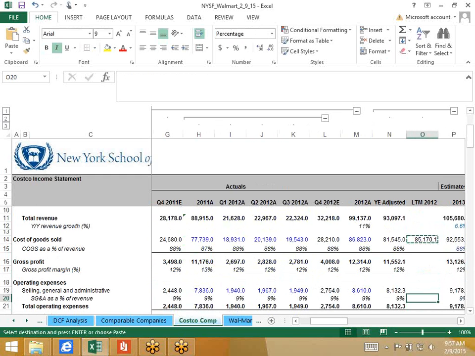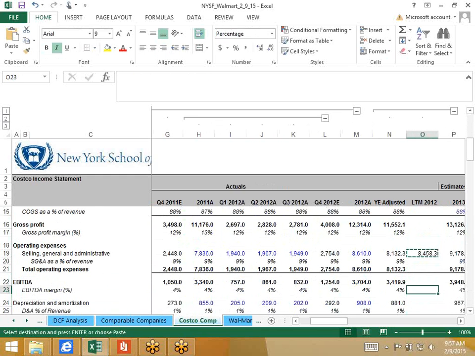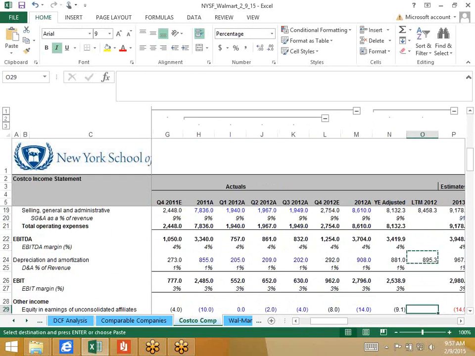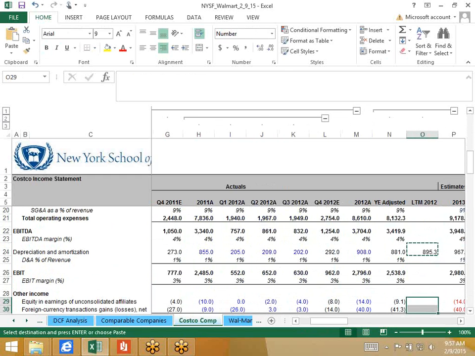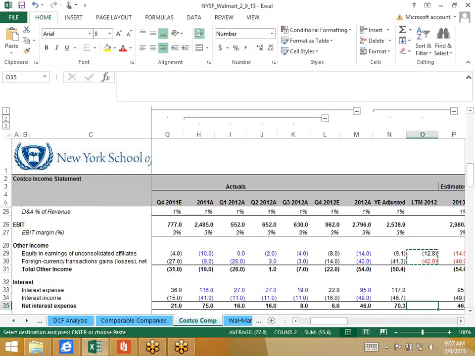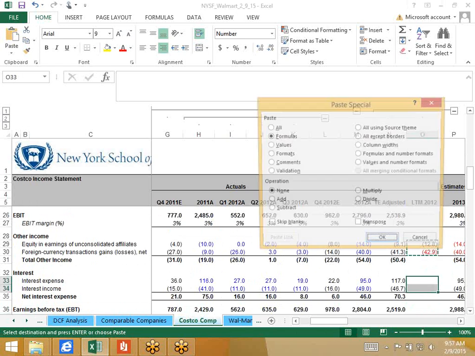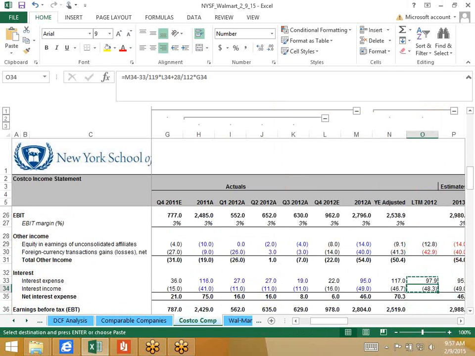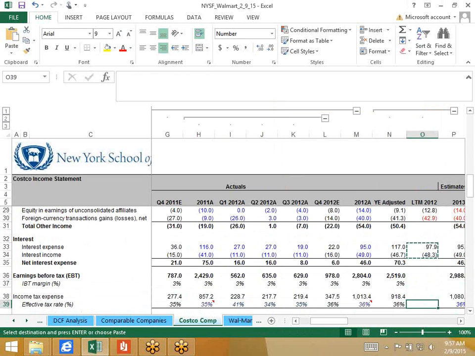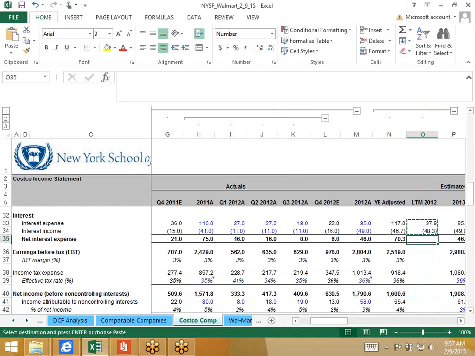Continuing down, SG&A, the individual expenses, depreciation, amortization, other income, interest expense, interest income, taxes. Remember, taxes we're going to do straight.